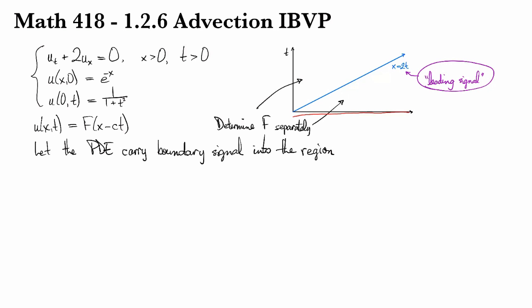I'm imagining myself up above the first quadrant and looking straight down. Meanwhile, over the t-axis, we have something that looks like a Cauchy distribution, so it goes down and there's an inflection point and then it tends to 0. Something kind of like that. Okay, so let's let the PDE carry this boundary data out into the middle of the region.